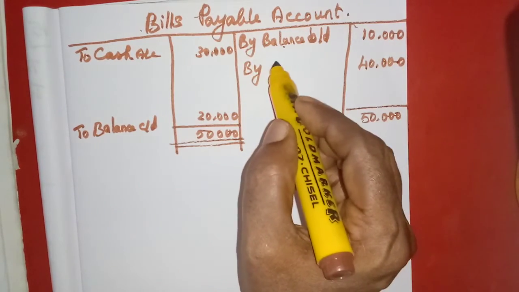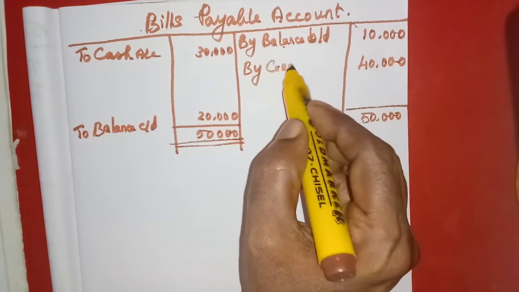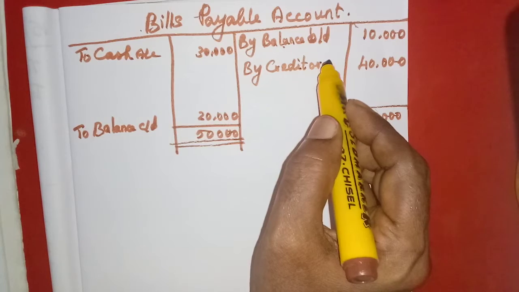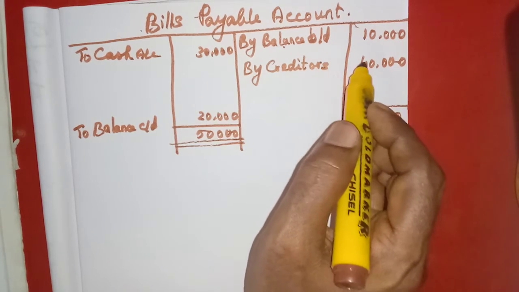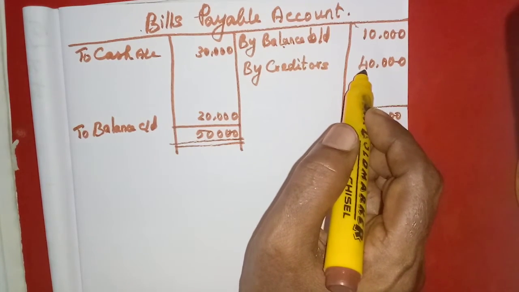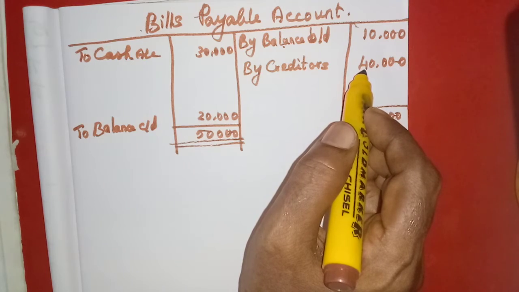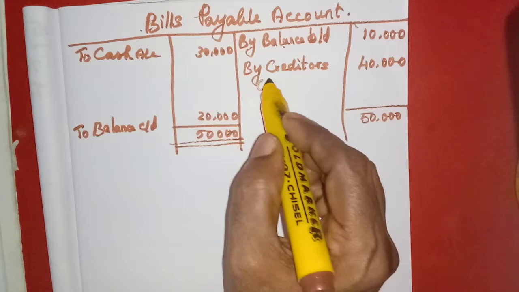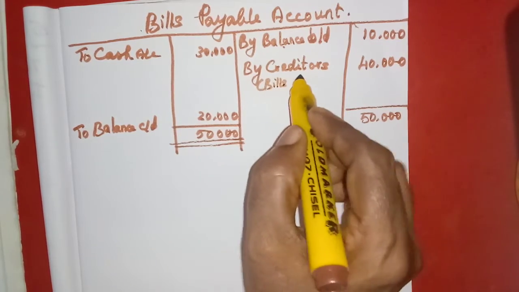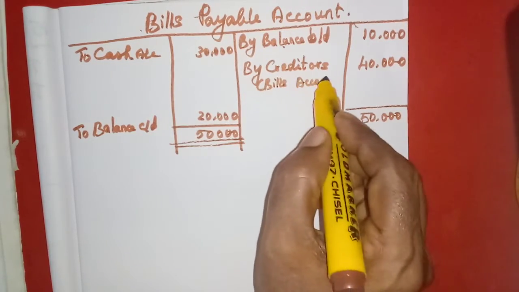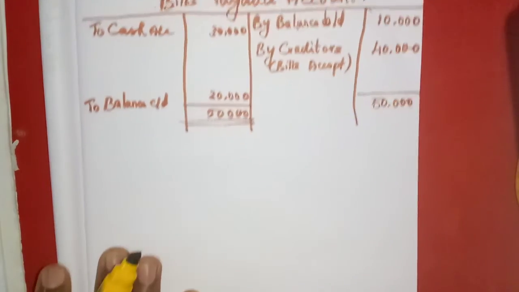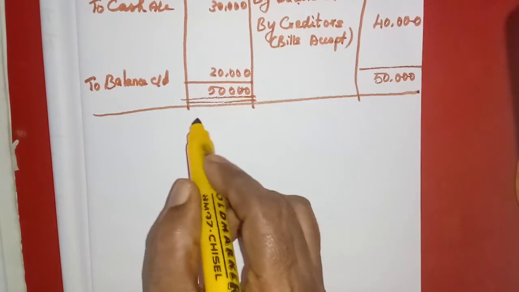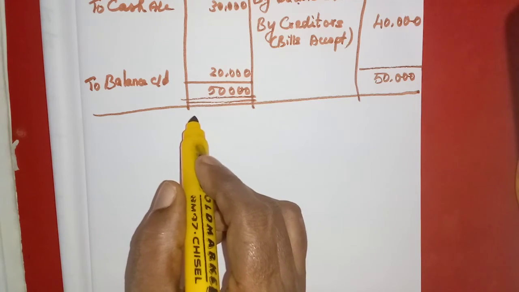This one by creditors account, bills accepted. Okay, that account is over. Very few items only coming, but you should not be afraid.